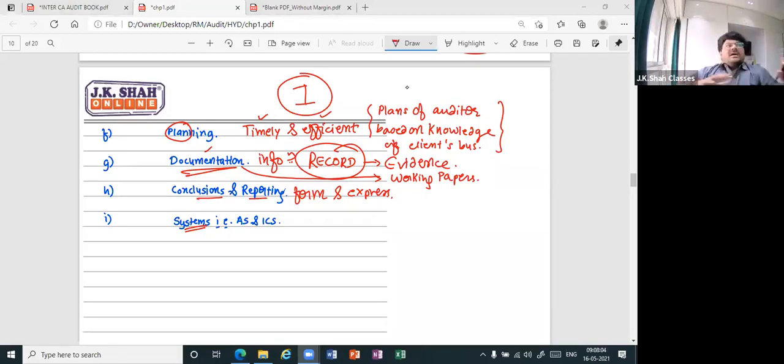Systems can be either efficient or inefficient. Now, statement. Depending upon the system's efficiency, more or less, the auditor will decide how much procedures he should perform.